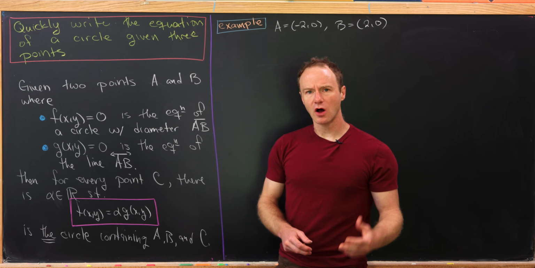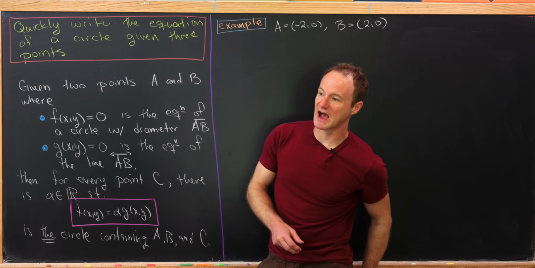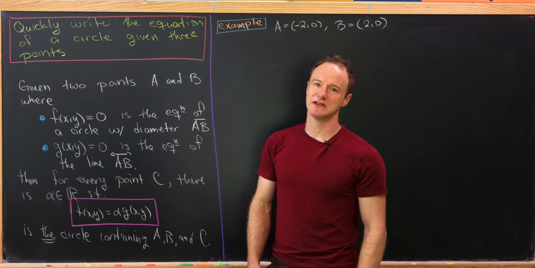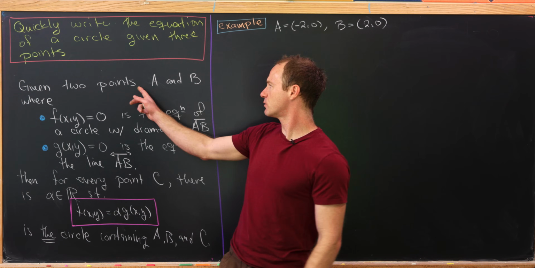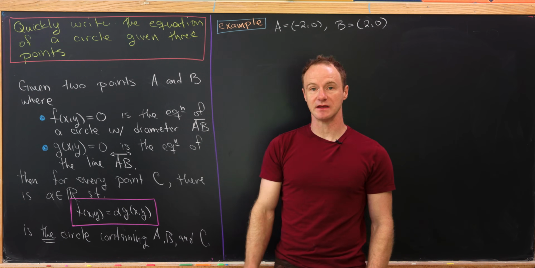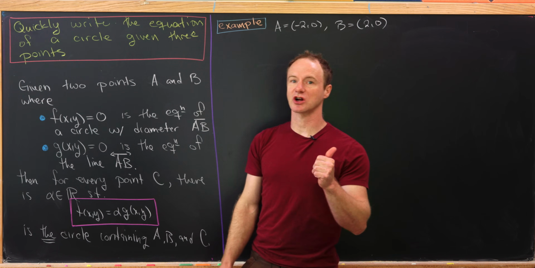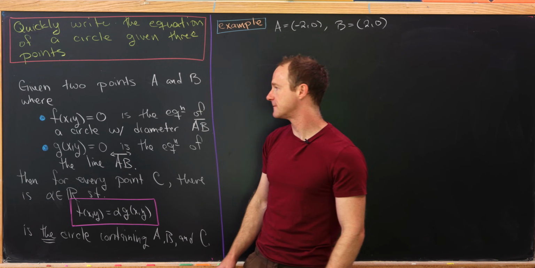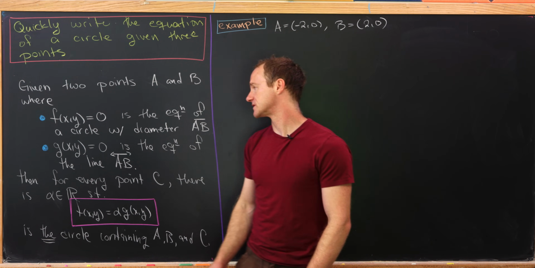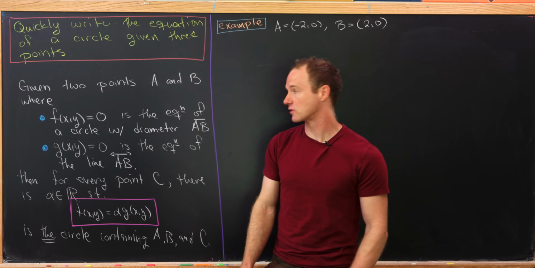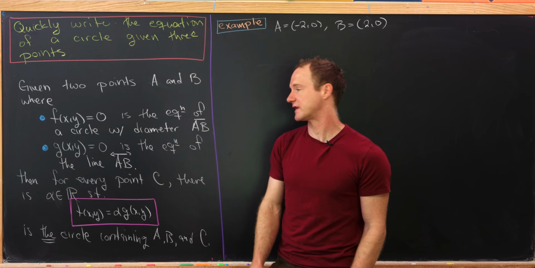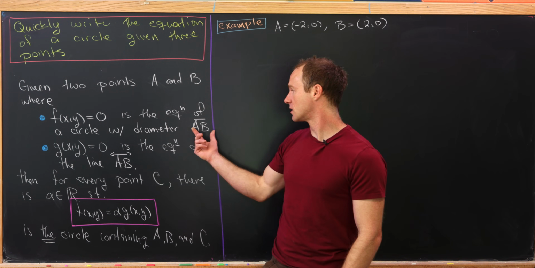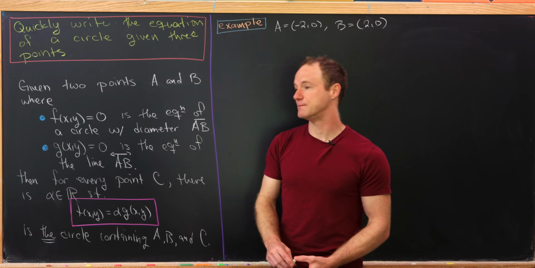Okay, so it's all based off of the following fact, which we'll sketch a little proof of and then do some nice examples. So let's say we're given 2 points A and B. And then we construct two functions f of x,y and g of x,y, where f of x,y equals 0, so that's a level curve of the function f, is the equation of a circle with diameter line segment AB.